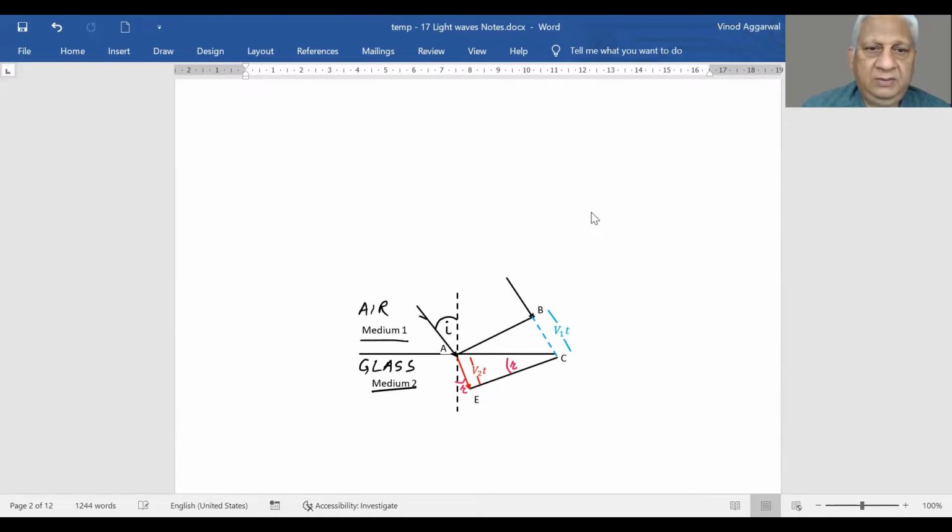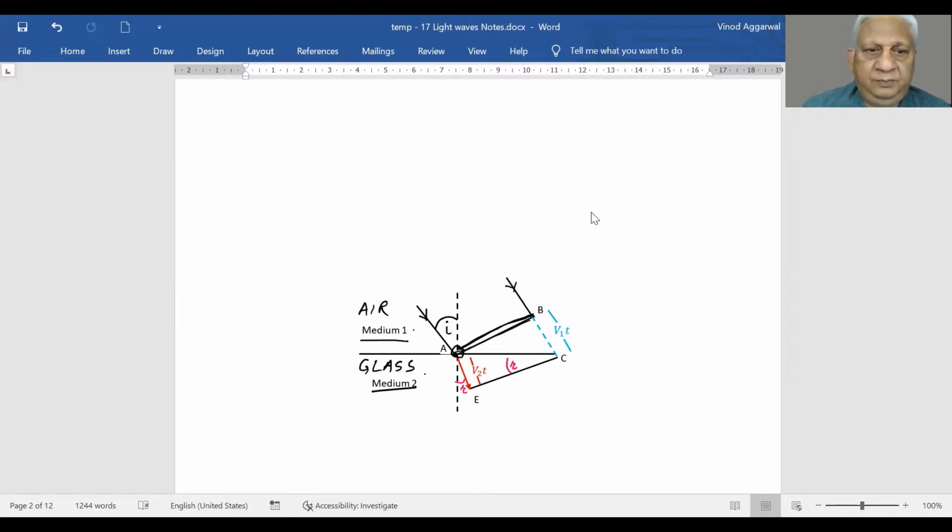An incident light falls on this media separation. This is a wavefront. This AB is a wavefront coming like this, parallelly. When it hits at this point, the wavefronts cannot travel with the same velocity. What happens is its velocity changes because the media has changed.